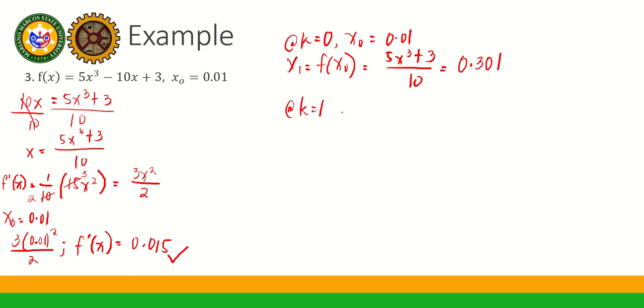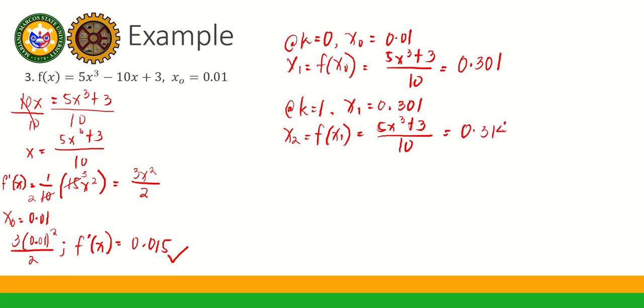At k equal to 1, we have x sub 1 equal to 0.301. So yung x sub 2 natin will be f of x sub 1, and this is equal to 5x cubed plus 3 all over 10. And we plug si 0.301 sa function natin, and this will be equal to 0.314. Now, at k equal to 2, x sub 2 natin is equal to 0.314.